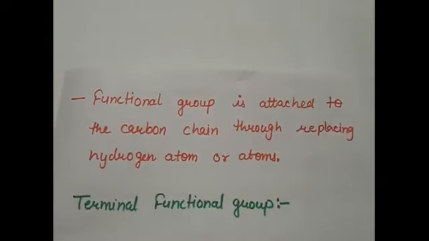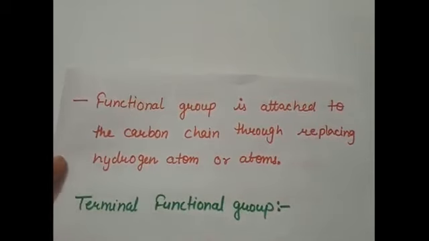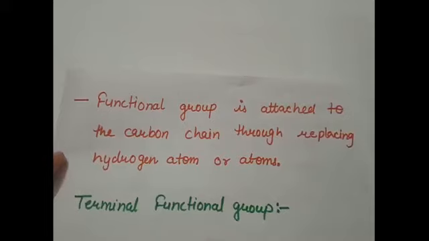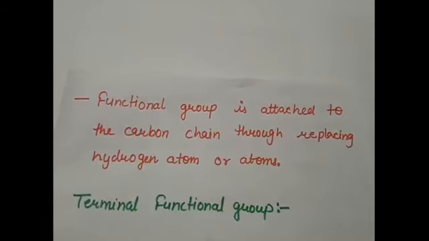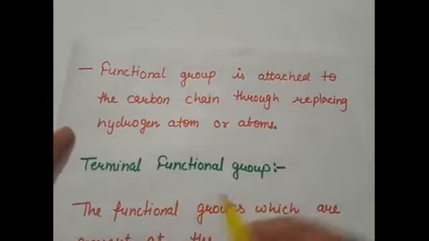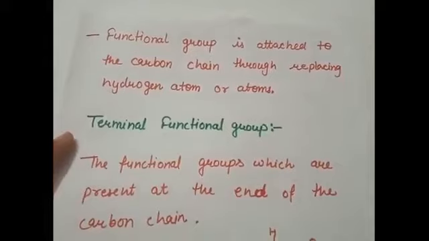As we know, a functional group is attached to the carbon chain by replacing a hydrogen atom or atoms. They can be attached either at the end of the chain or in between the chain. Depending upon that, we have two or three types of functional groups. Terminal functional groups are the functional groups present at the end of the carbon chain.